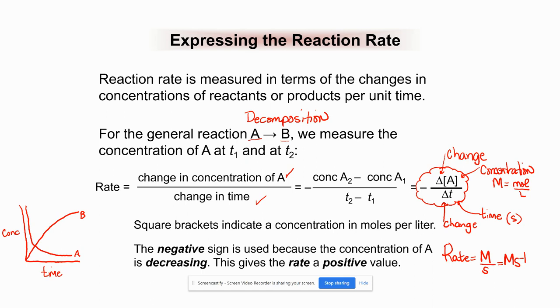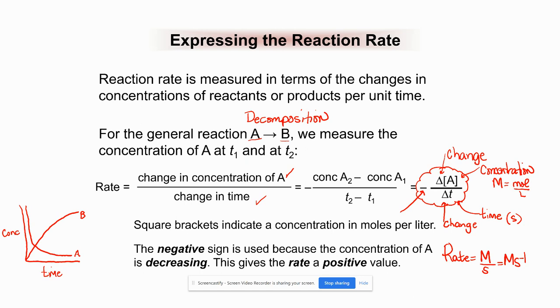There's one thing also that maybe you've noticed here, which is this negative sign in front of the change in concentration of A over change in time. Now let's go back to my not so great graph here. A is decreasing, right?